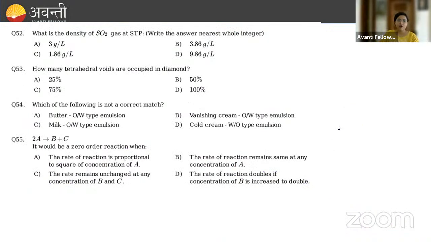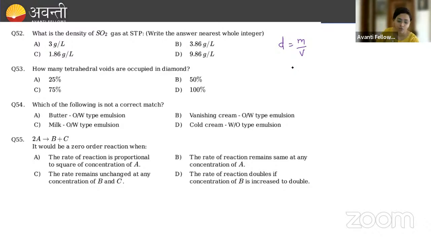What is the density of SO2 gas at STP? So we need to find out the density. You know the formula for density: density is equal to mass upon volume. So what is the mass?